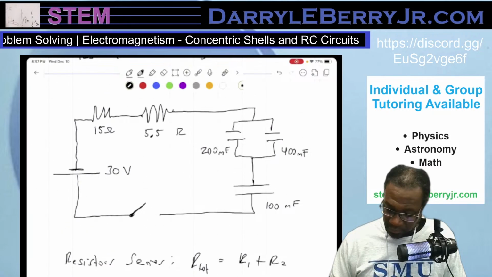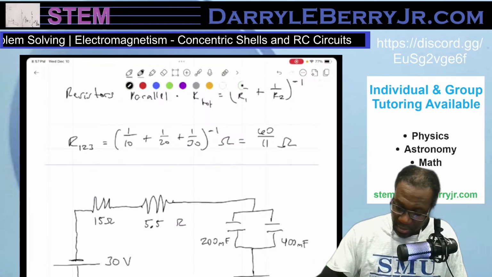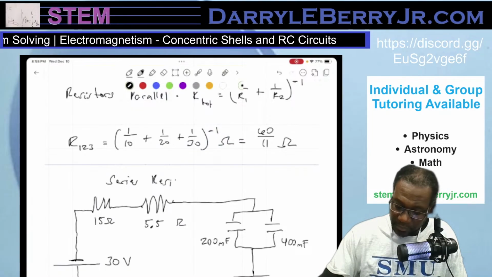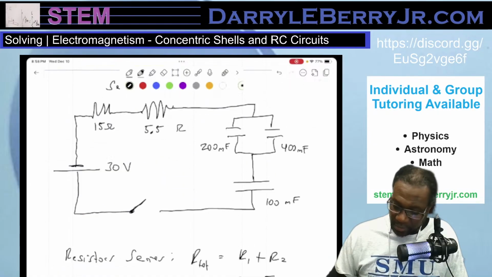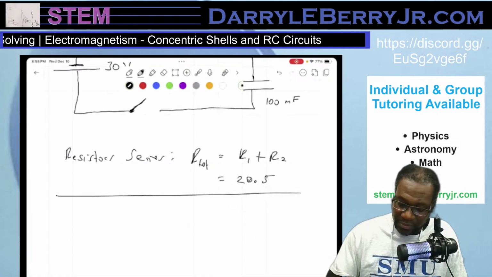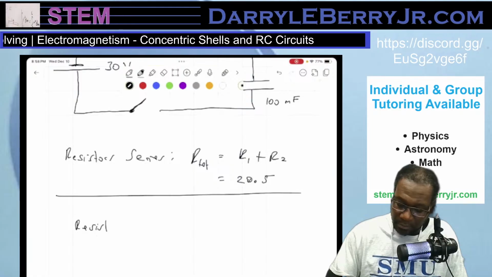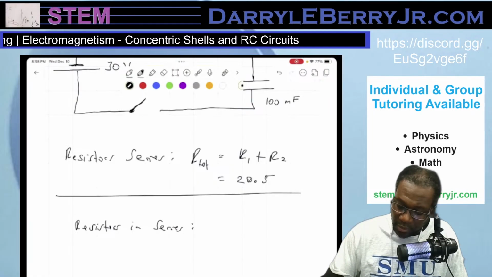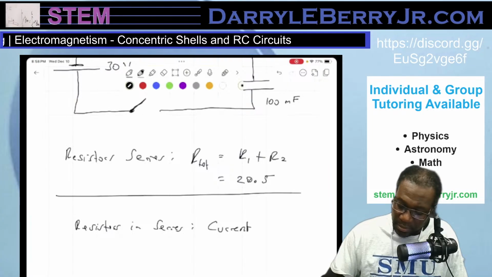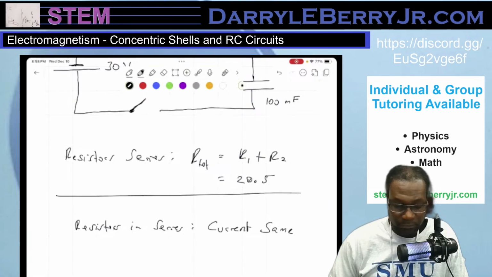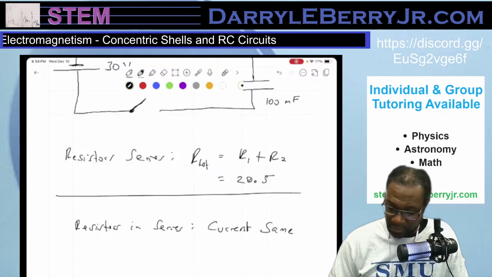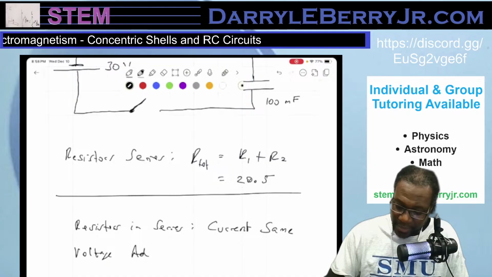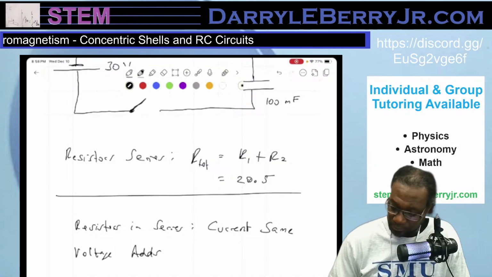So here we have series resistors, and when you have resistors in series, the current is the same, and the voltage adds, if I'm remembering that correctly.